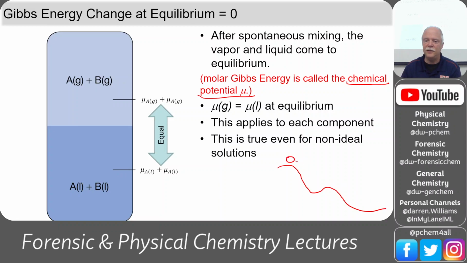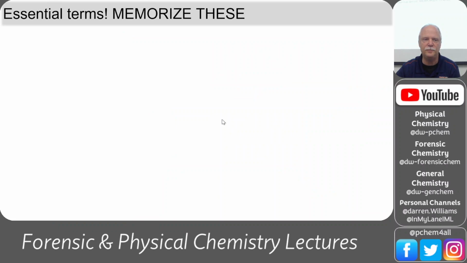It has potential energy. It's going to want to roll downhill. It's going to want to have a negative change of its potential, right? And so that's why we call the Gibbs energy the chemical potential. If something is high on the Gibbs energy spectrum, then it's going to want to roll downhill chemically. That's a good term for it. Gibbs energy is the chemical potential.